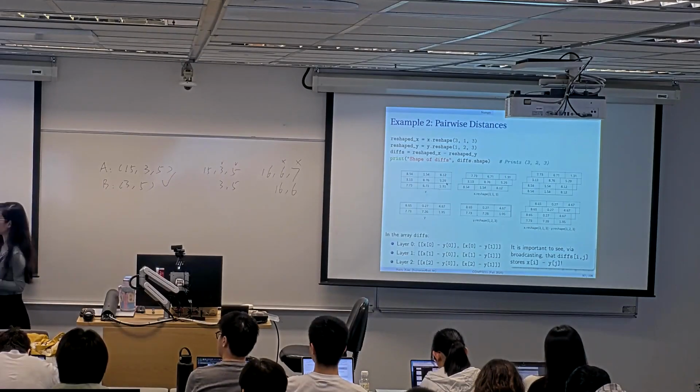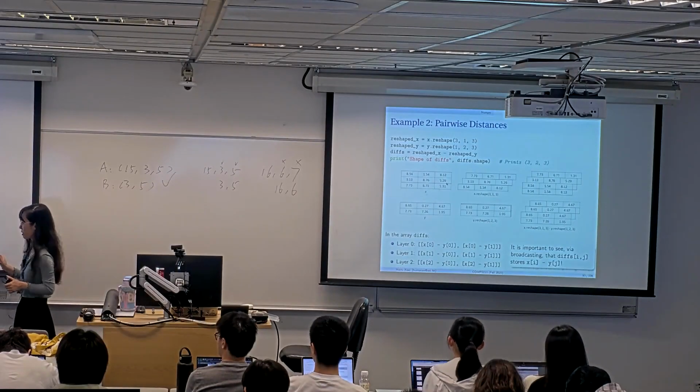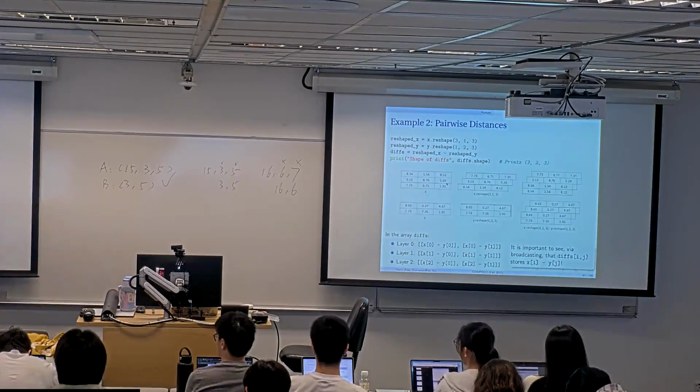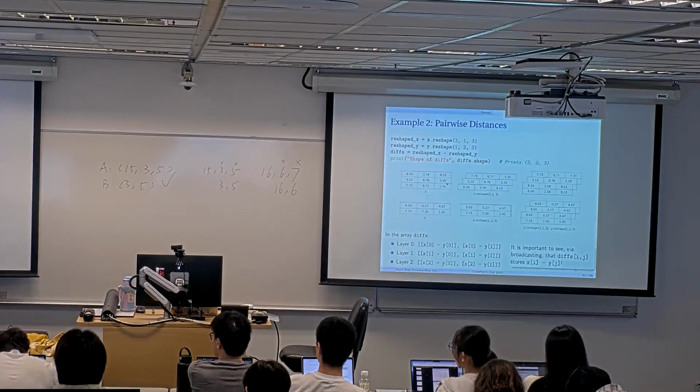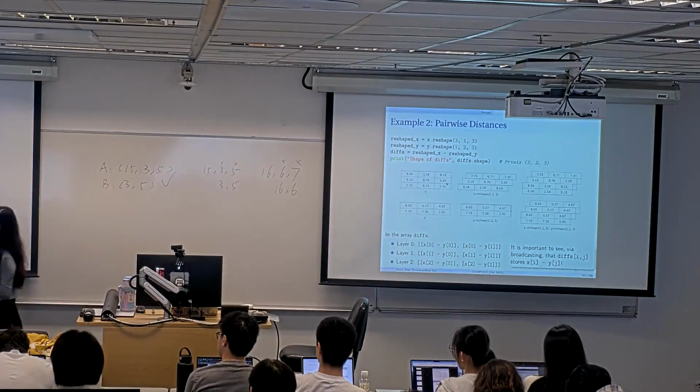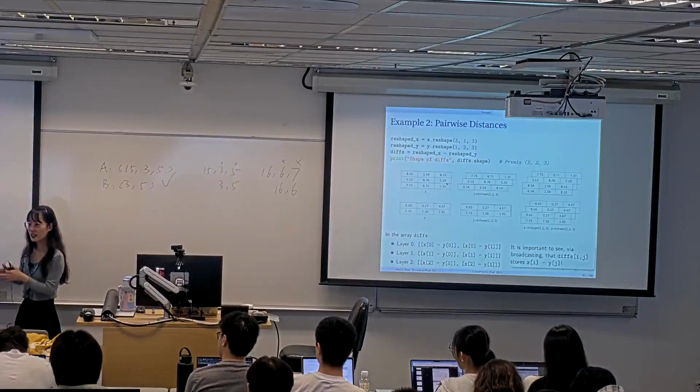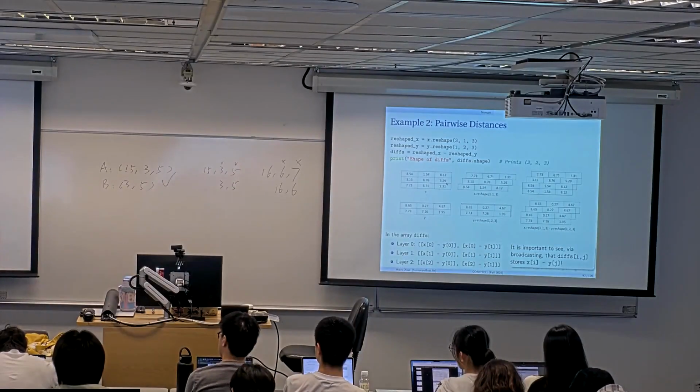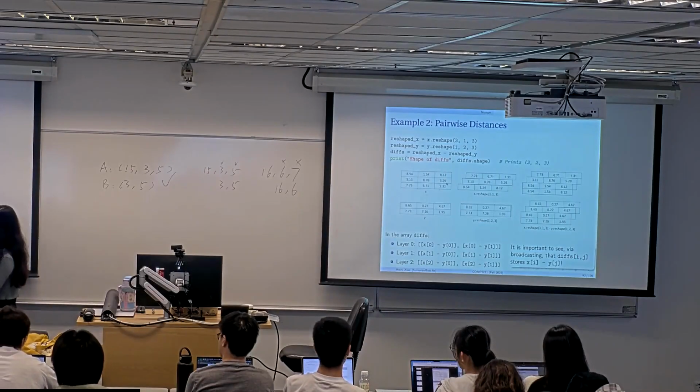Because all the layers are the same in the reshaped y. So we can see that now layer 1 of diffs maintains the values x1 minus y0, x1 minus y1. And then I believe you can similarly get that layer 2 of diffs maintains the values x2 minus y0, x2 minus y1.